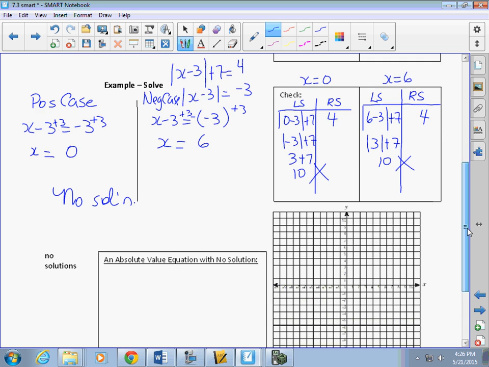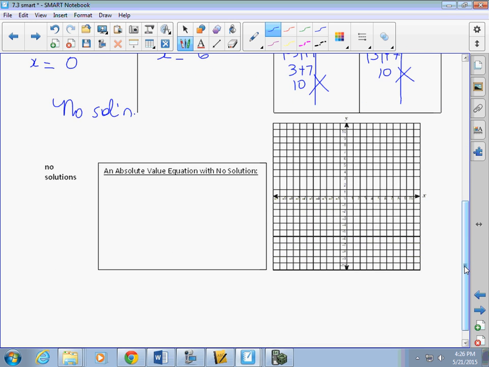So looking at no solution ones, if we were to graph this one, so this equation here, this would be the same as saying y is equal to the absolute value of x minus 3, and then if I move that 4 over, it would be 7 minus 4, so that would be a positive 3.